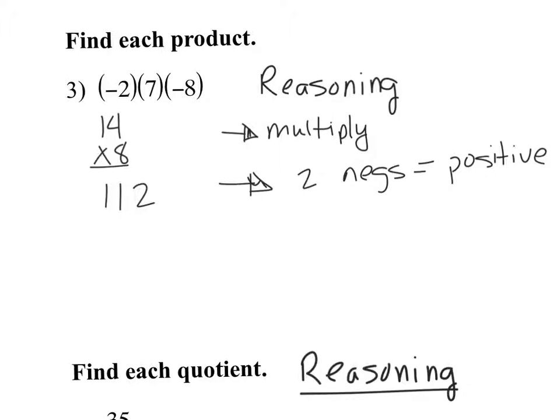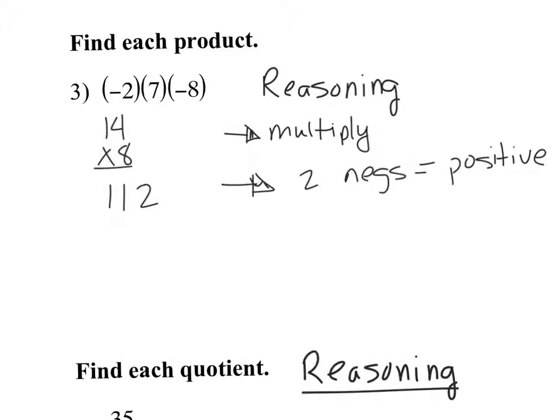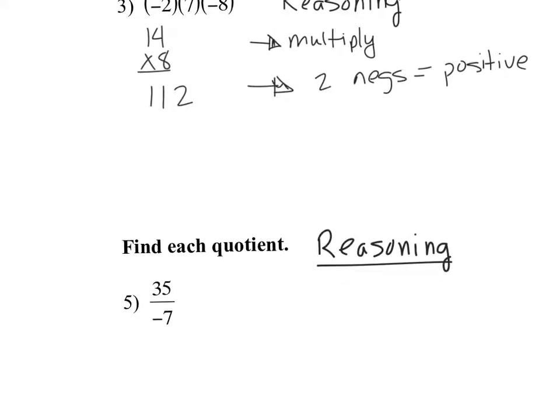Last but not least, find the quotient. What's a quotient mean? Division, right. I think a lot of us forgot what that line meant because I saw some people on the pre-assessment subtracting. So I think we just got a little confused. Okay, so first step, just like I do when I do multiplication problems, I divide first.